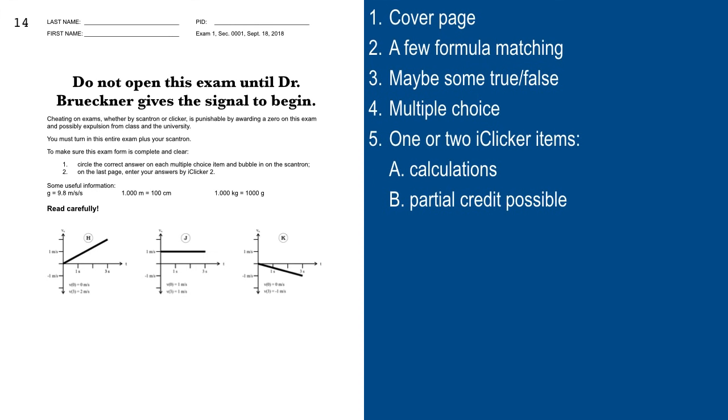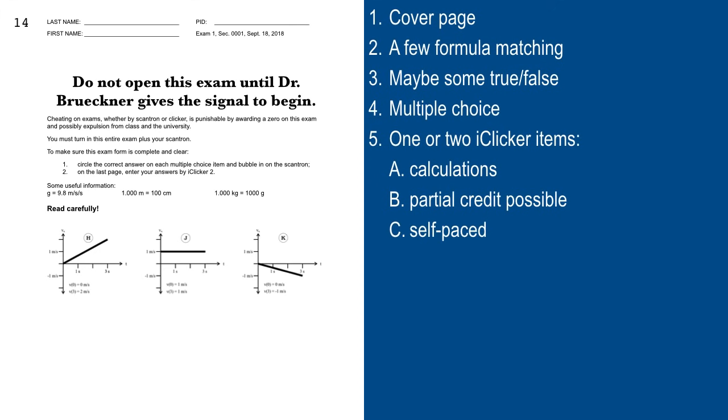But not, as Kelsey was asking, are we going to have to do Kepler's third law? No, you're not. But you may have velocity graphs. You may have 1/2 gt squared calculations. And if you do, you're going to type it in using your clicker, and I'll analyze it in a spreadsheet, and it'll be separate from your Scantron score. So you'll have 2 scores that add up to 50.